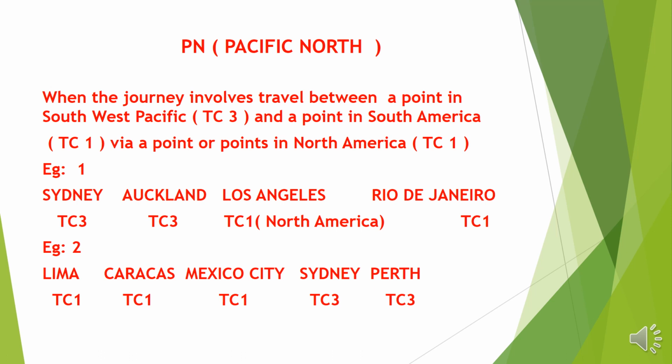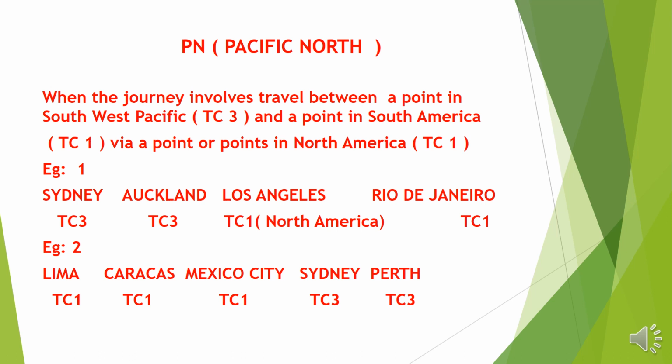Number 2, Lima. Lima is in Peru, in South America, in TC1. Caracas is in Venezuela, TC1, South America. Mexico City is in North America, Mexico. Sydney is in Southwest Pacific, Australia. And Perth is in Australia, Southwest Pacific.